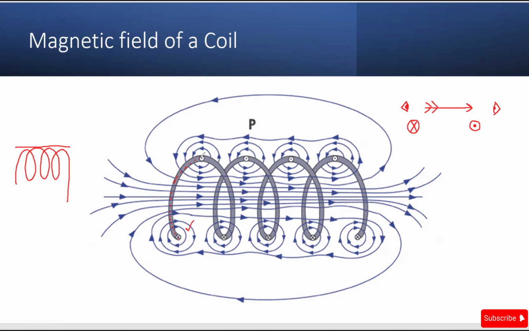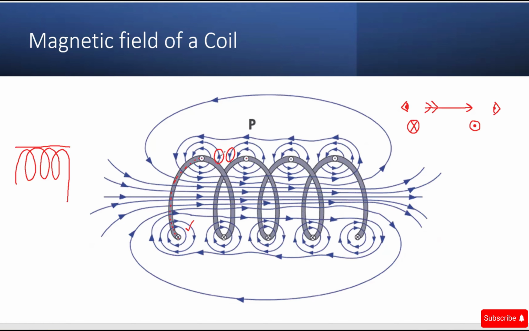Now, similarly, this is happening to all parts of this coil, meaning to every turn of the wire in the coil. So what would happen? If we look in between these two turns of the coil, here the magnetic field is downwards and here the magnetic field is upwards.